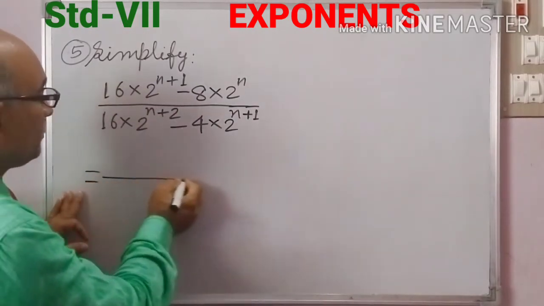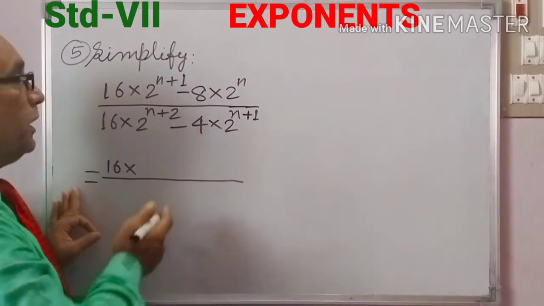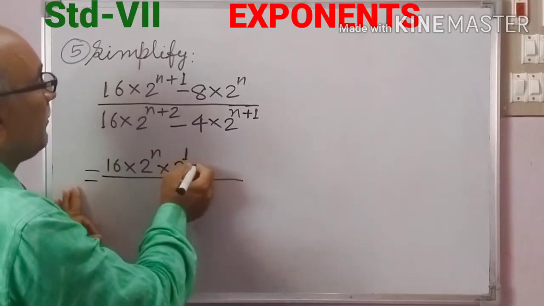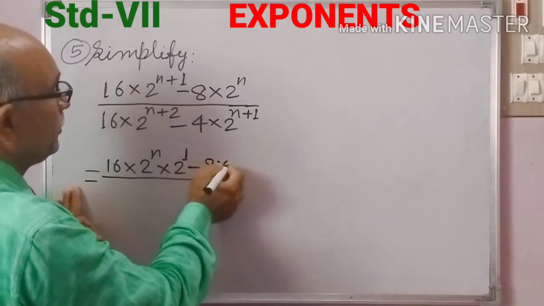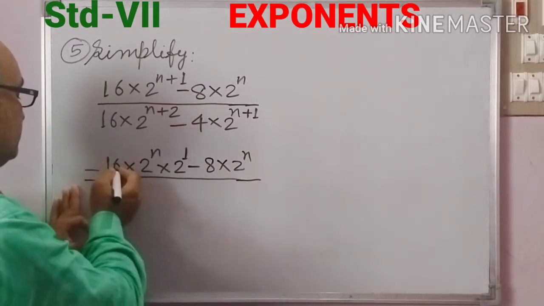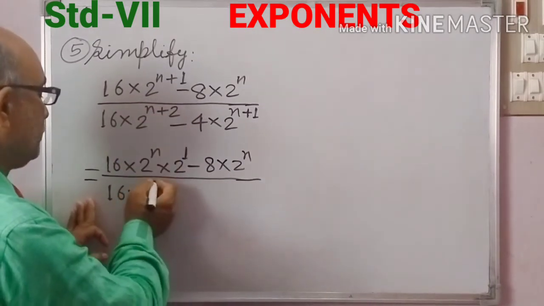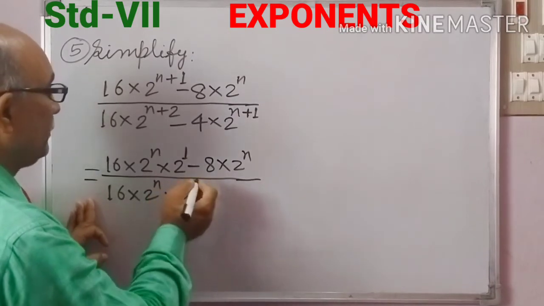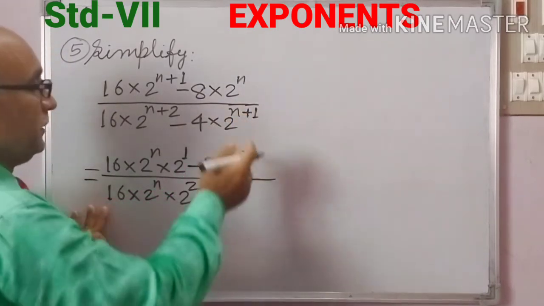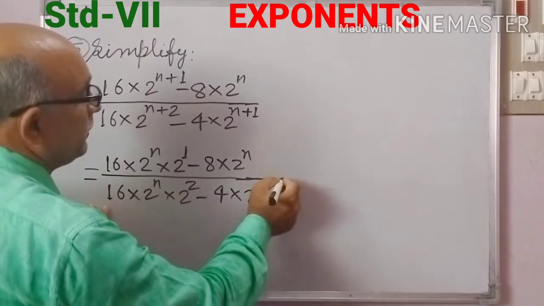Equal to 16 into 2^(n+1), that means 2^n into 2^1, minus 8 into 2^n, over 16 into 2^(n+2), that means 2^n into 2^2, minus 4 into 2^(n+1), that means 2^n into 2^1.